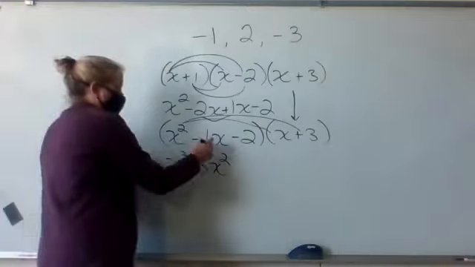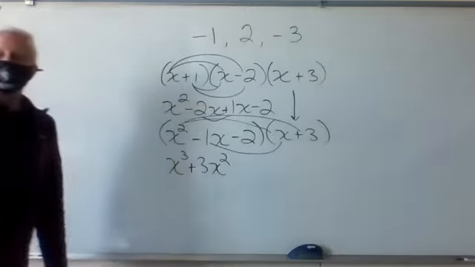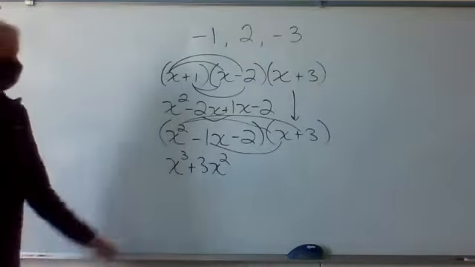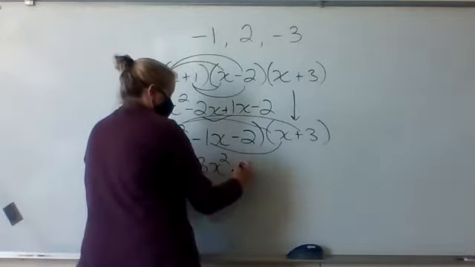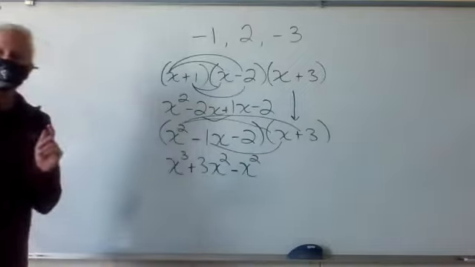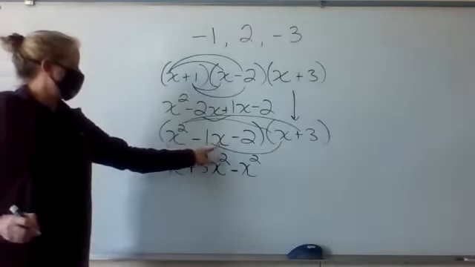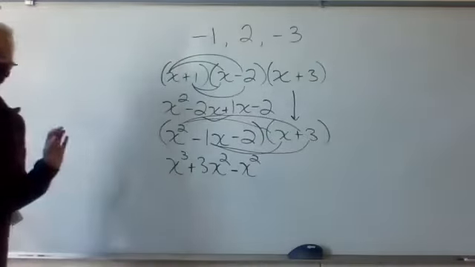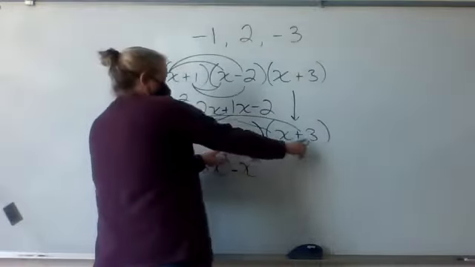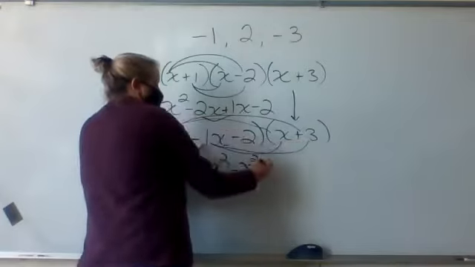So let's see, negative 1x times x is just going to give me a negative x squared. Negative 1x times positive 3, so negative 1 times positive 3 is just going to give me a negative 3x.